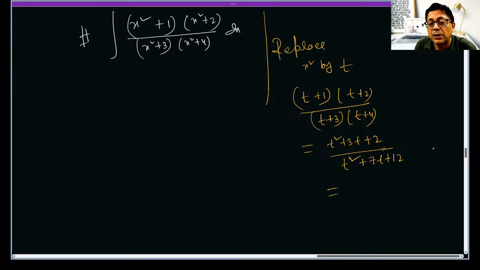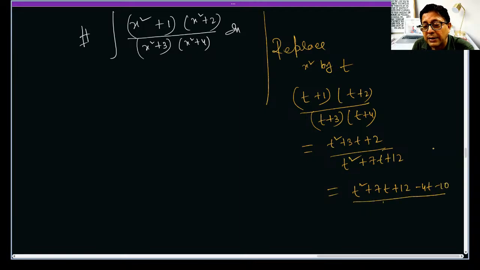If you write this one as t square plus 7t plus 12, I mean going to divide, then you have to write minus 4t minus 10, that divided by.